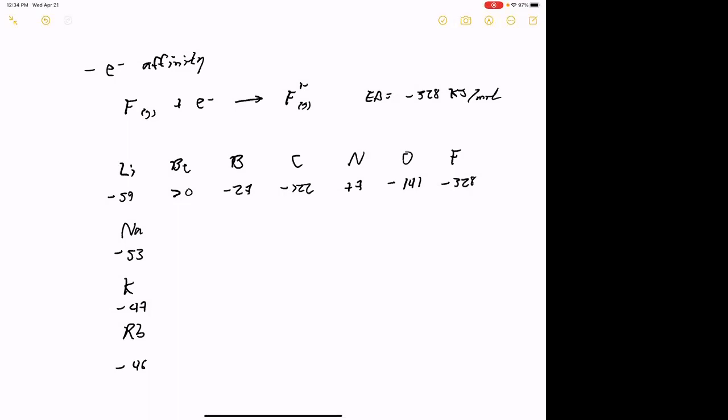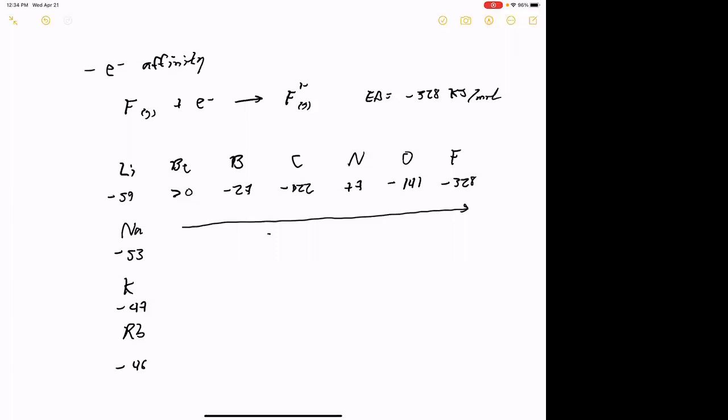It's hard to talk about this in terms of increasing or decreasing because we have to define what it means when I say it's increasing or decreasing. What I'm really talking about is, are we becoming more exothermic or less exothermic? More favorable or less favorable? So as we move across, notice the general trend, negative 59, and then it looks like we're going through minus 122 to minus 141 to minus 328.